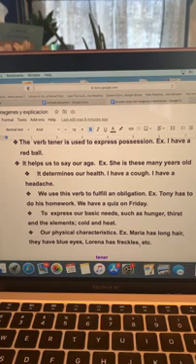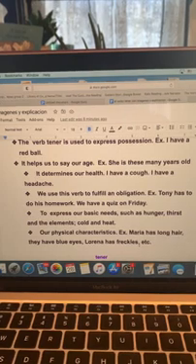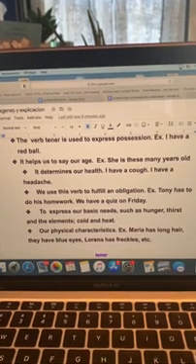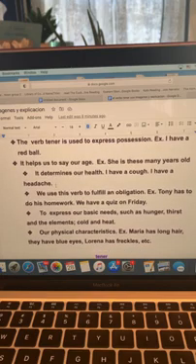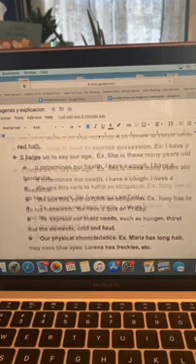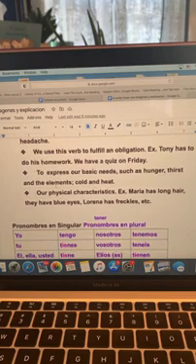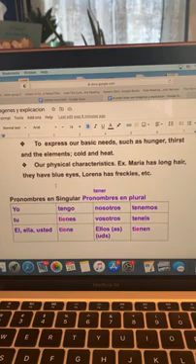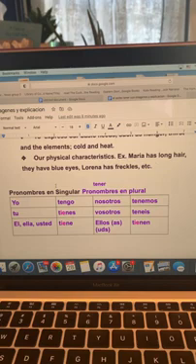Now, as I said in the beginning, we're going to review the verb tener. And I know that we already started doing that. So, let's get right to it. You already know that tener is an irregular verb, right?